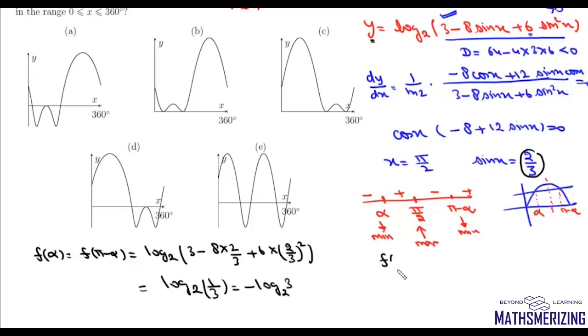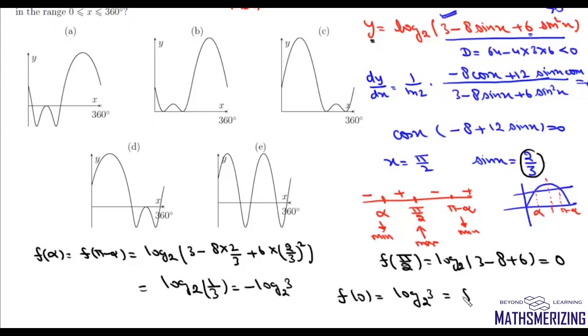Now we find value at pi by 2. This value will be 3, and then sin 90 is 1, so it will be minus 8 plus 6, which is log 1, and log 1 is 0. If we find value at 0, f0, it will be this log 3 base 2 and also be value at 2 pi.